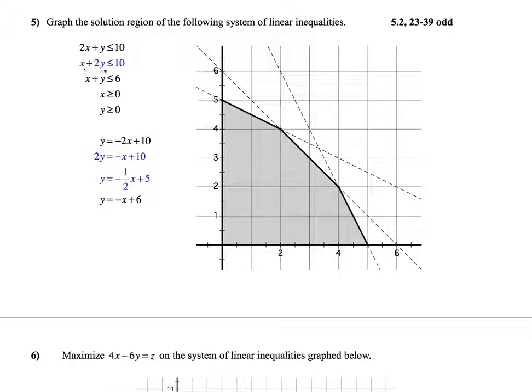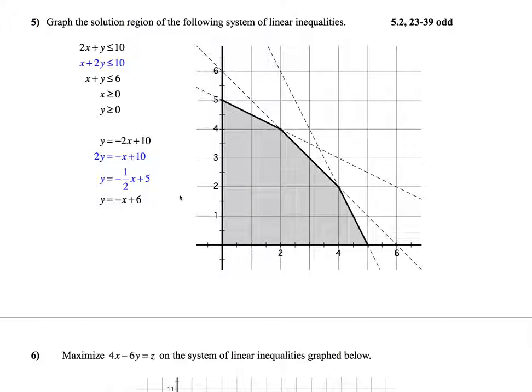And then for the next equation, the one that I mentioned earlier, the blue one, you would find that your y-intercept is 5. So you'd plot a point here, and then because the slope is -1/2, you'd go down 1 and over 2, and so there's another point right there, and so those 2 points would describe your line.